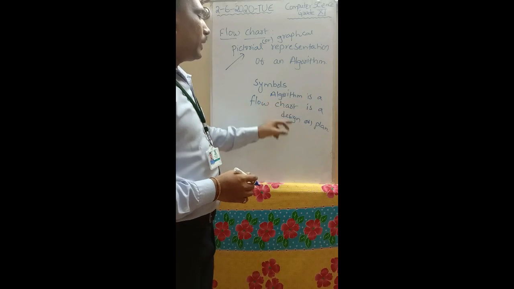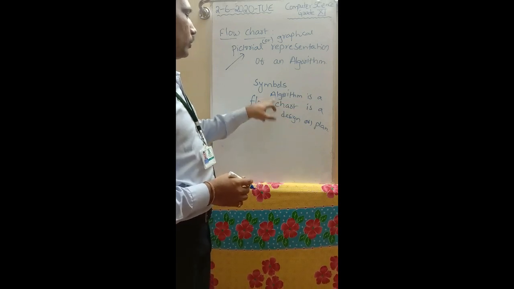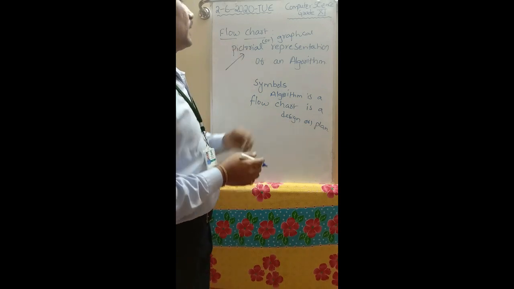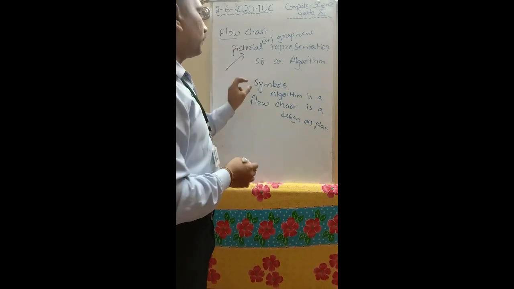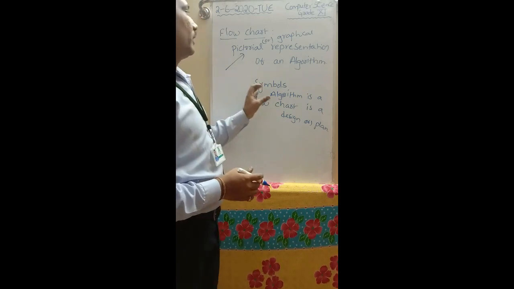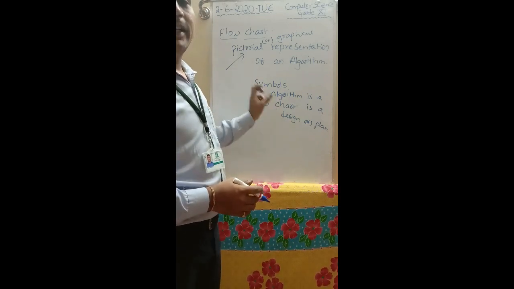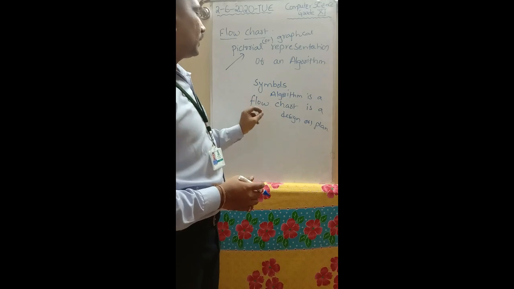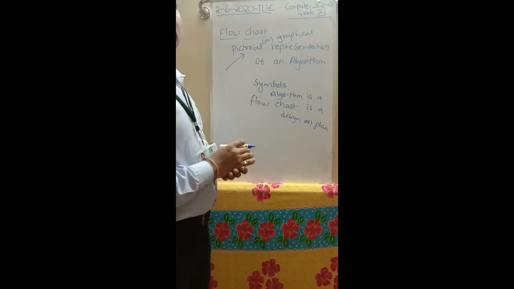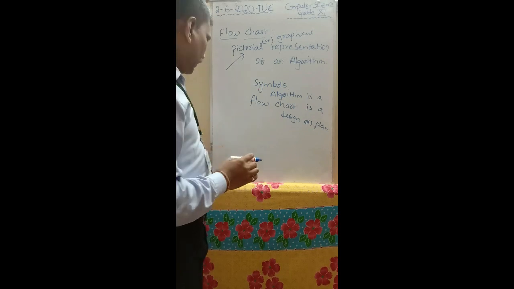Using symbols we prepare a design, and this design is called a flowchart. Every statement or instruction in an algorithm is represented by a different symbol. All these symbols are discussed here one by one.